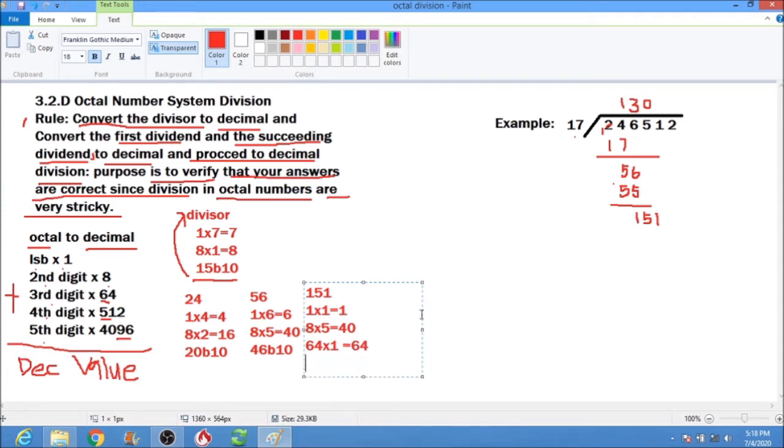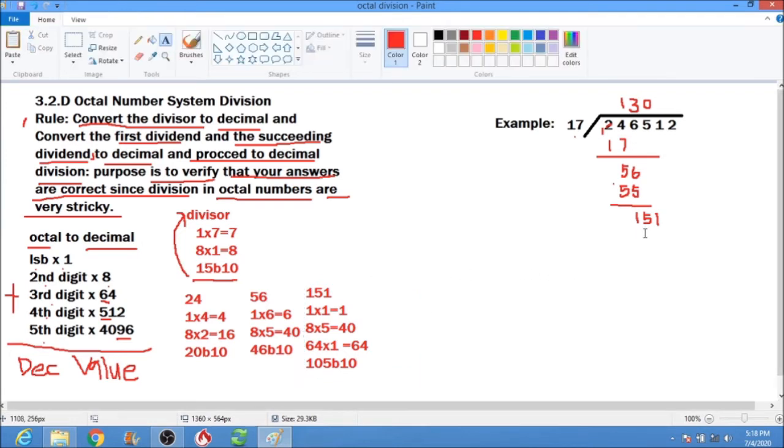So 64 plus 40 is 104, plus 1 is 105, base 10. Can we divide 105 by 15? Of course yes, 105 divided by 15 is 7. So 151 in octal is equivalent to 105 in decimal. Therefore 151 divided by 17 is simply 105 divided by 15, and the answer is 7.